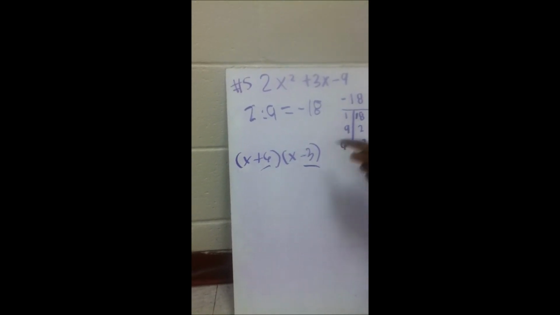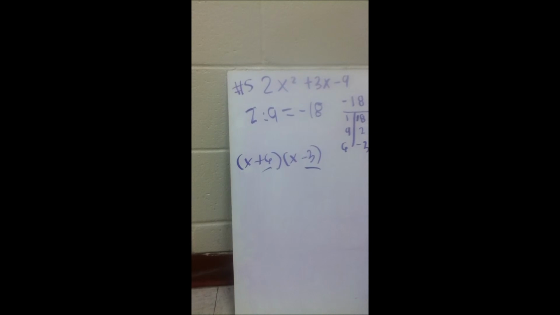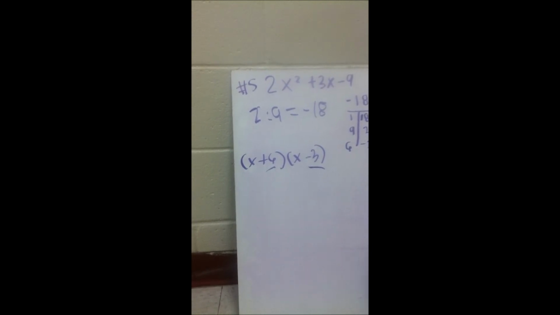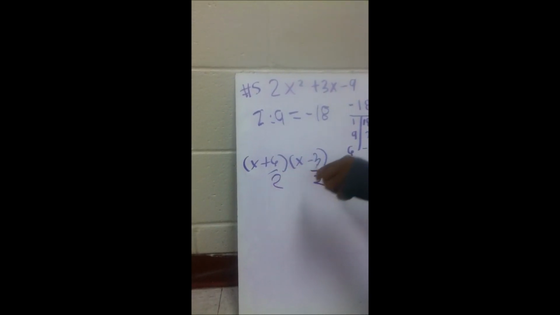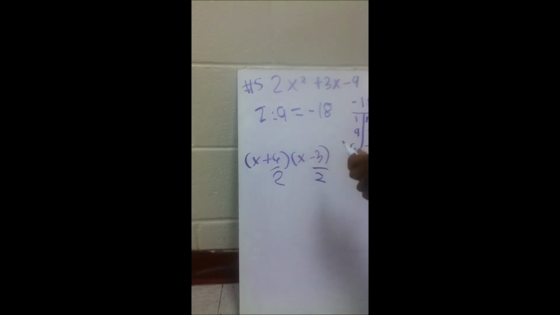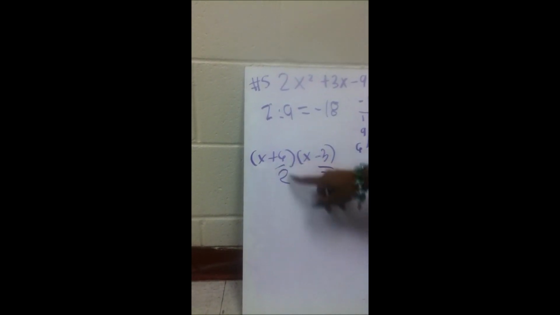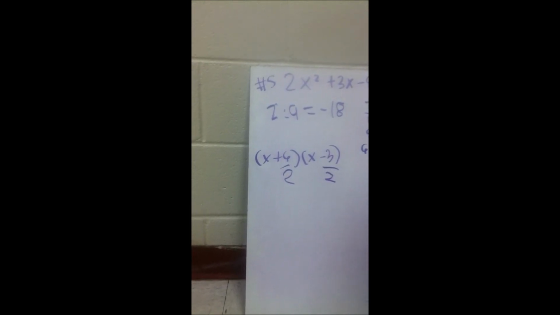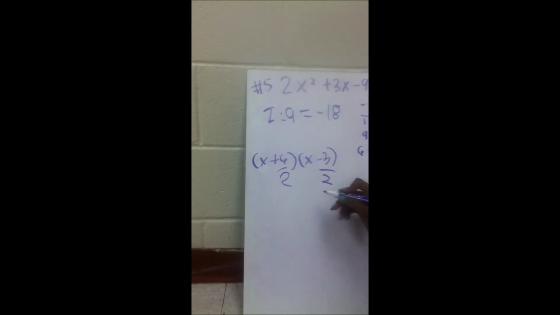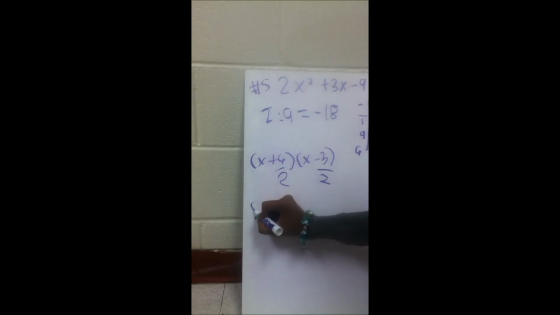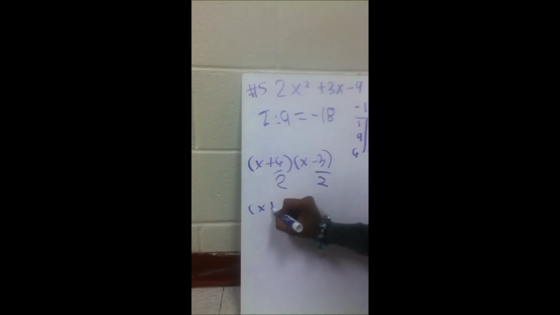And then you want to divide that by A, which is 2. So the first thing is x plus 6 over 2, which is equivalent to x plus 3. So then you want to write that out as x plus 3 times.